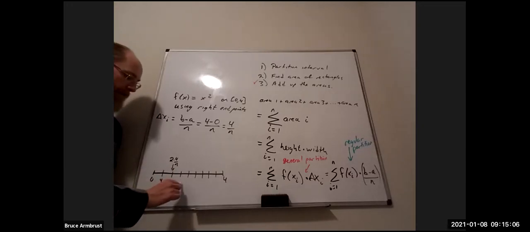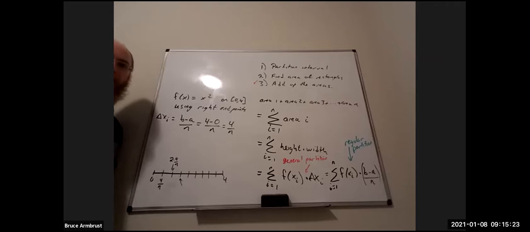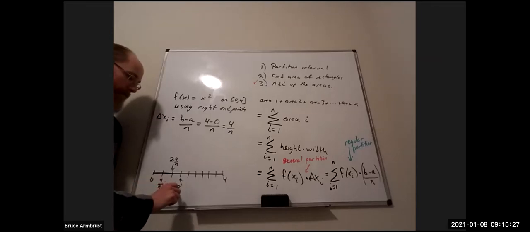How about the next one? How would you get its value? All right, cool. Thanks for that, Susanna. It's going to be 3 times 4 over n, because we're just adding another width of 4 over n.